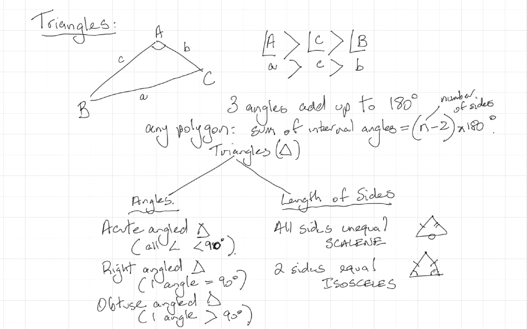So those angles are equal, given that those two sides are equal. Going back to scalene, because all the sides are of unequal length, all the angles will be of different size.